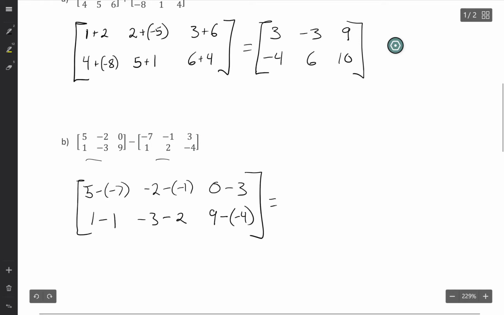Put all this together, and we get 12, negative 1, negative 3, 0, negative 5, and 13. This is our matrix there.